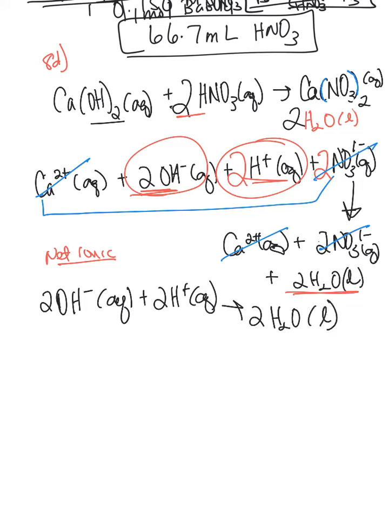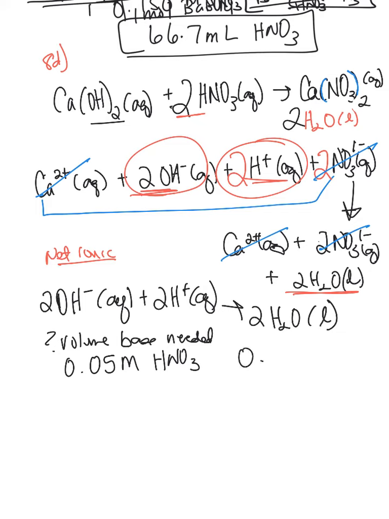And then in our problem, we are given amounts, and it asks for the volume, at this time, of the base needed. We're given a molarity of 0.0500 molar HNO3, and we're also given 0.0200 molar calcium hydroxide solution.